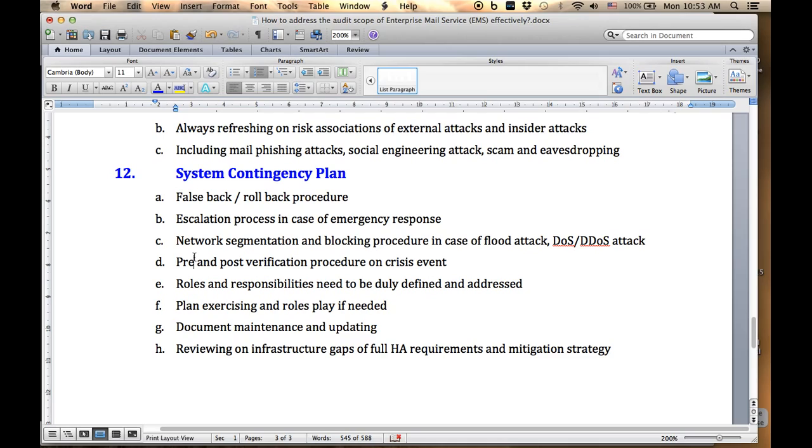We need to strategize or enhance the mitigation plan or procedure. The roles and responsibilities need to be duly defined and addressed. The last ones are plan exercising and role play, document maintenance and update, and reviewing the infrastructure gap against the full HA requirement and mitigation strategy.